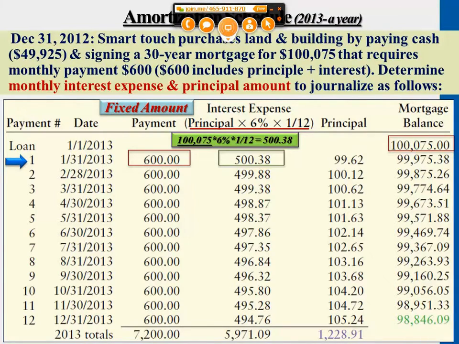The part that belongs to interest expense would be $500.38. And the part that we're paying as mortgage payable would be $99.62. Together they form this $600 of fixed payment.